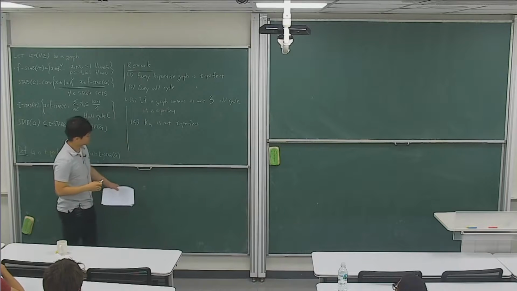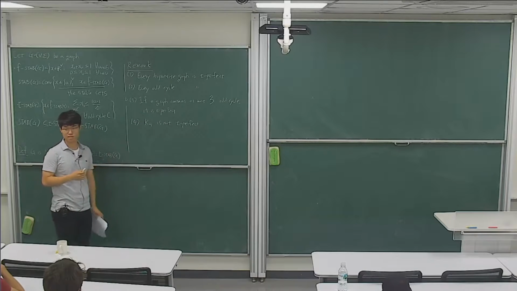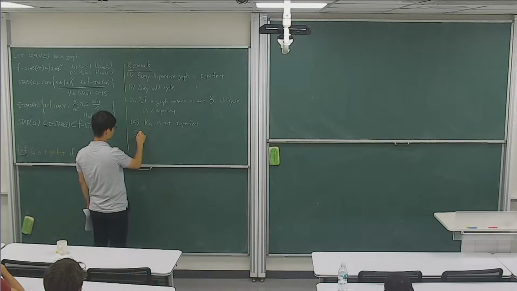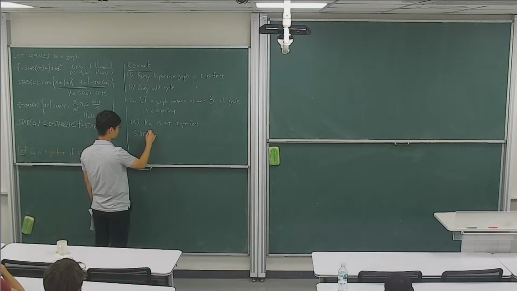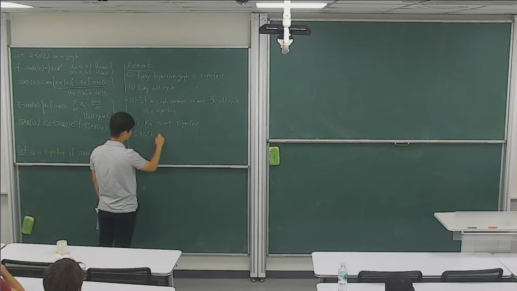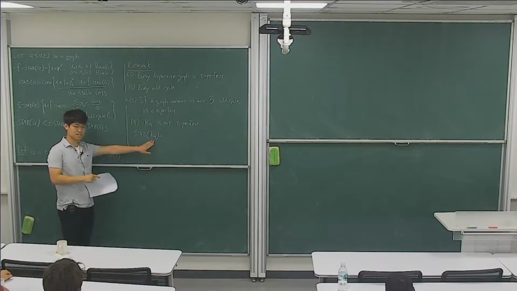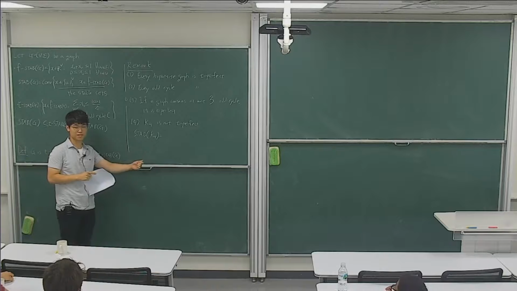Somebody asked why this is not T-perfect, so let me give you a short proof. If you look at the stable sets of K4, they are either the empty set or just singletons.